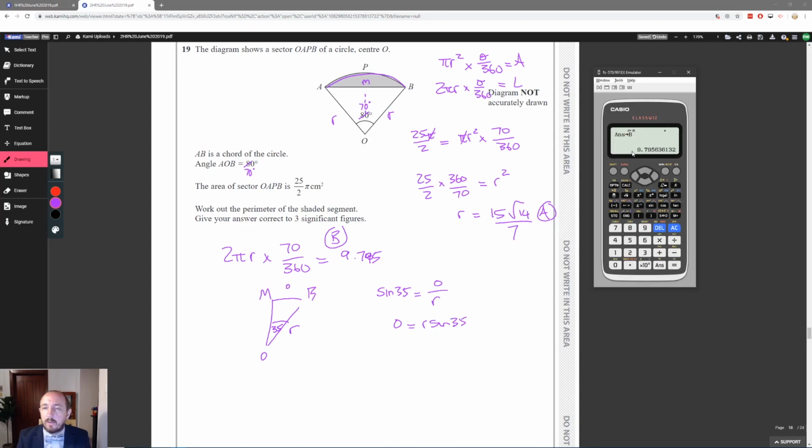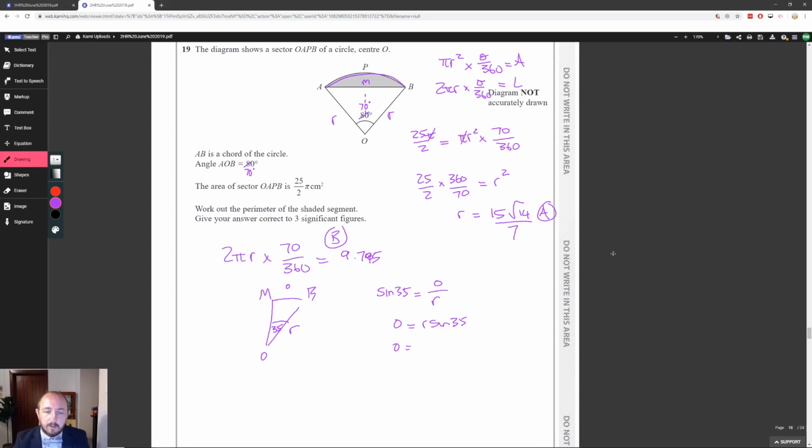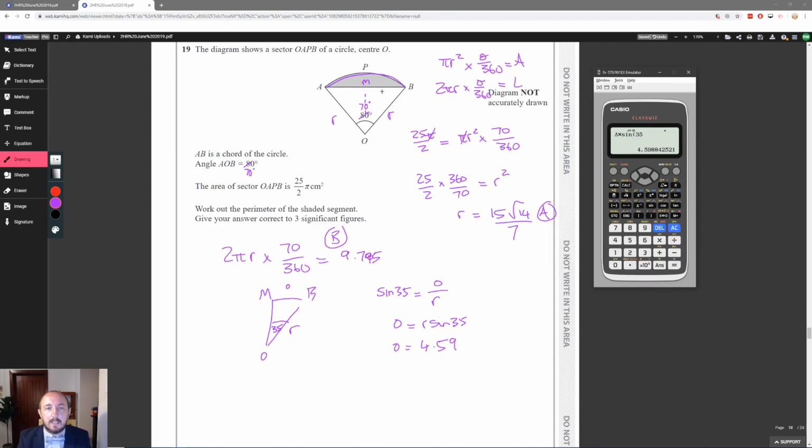So the radius, which is A, we recall that, times sine 35. And that gives us 4.59. So that is the length MB.